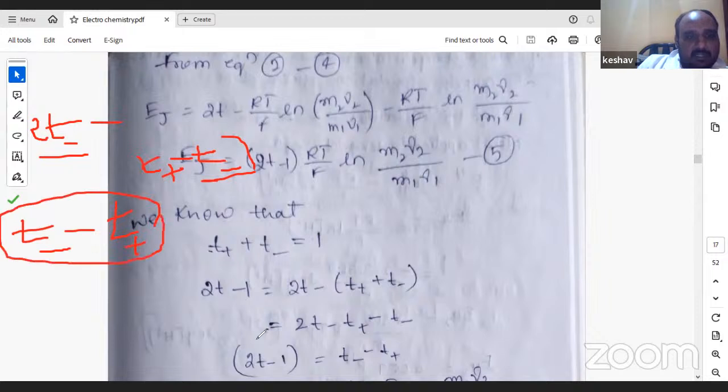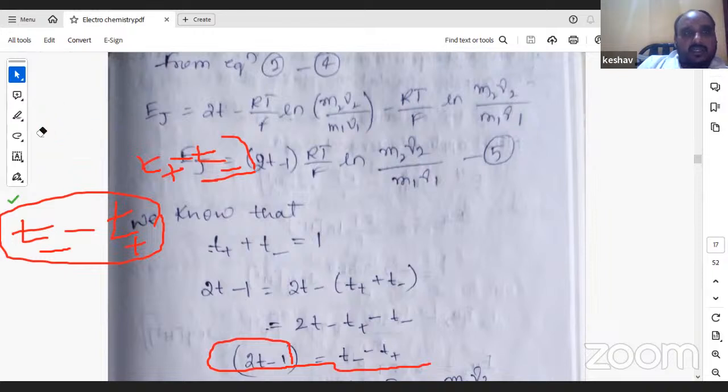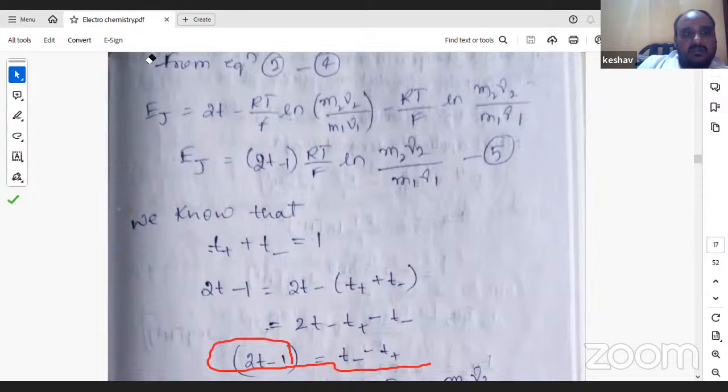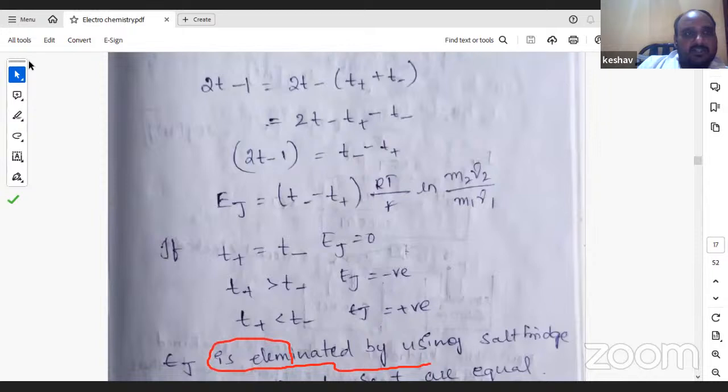T minus minus t plus is getting in place of 2t minus 1, that is, 2t minus 1 is equal to t minus minus t plus. That will be substituted here, right? So then we'll get our final equation.